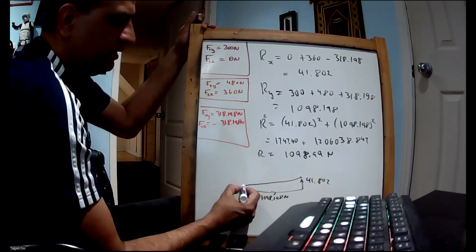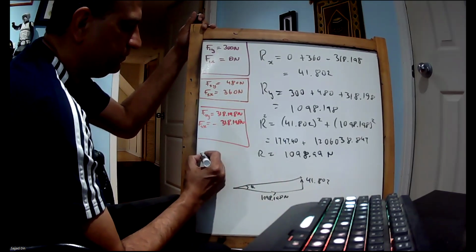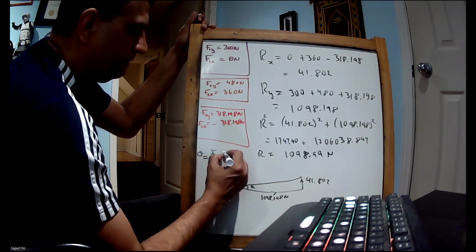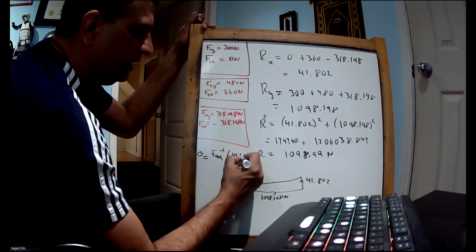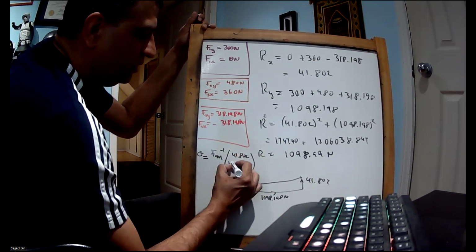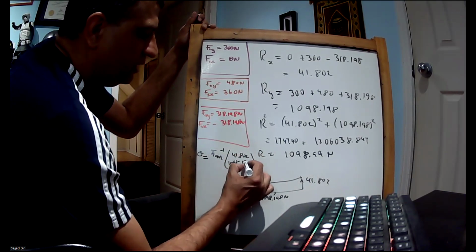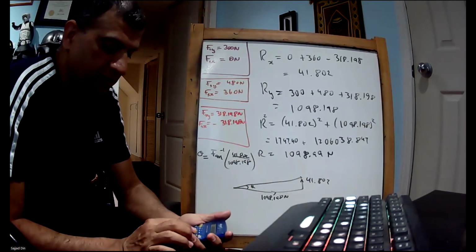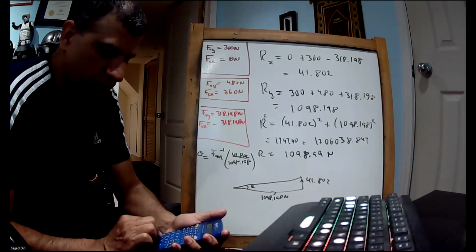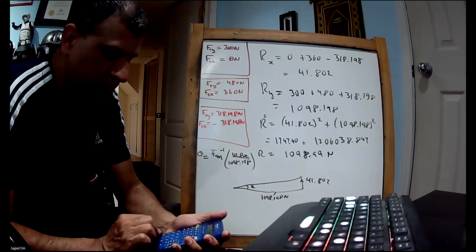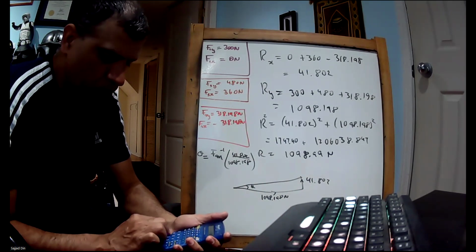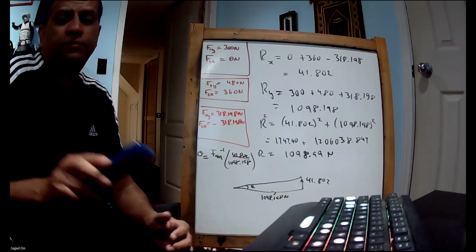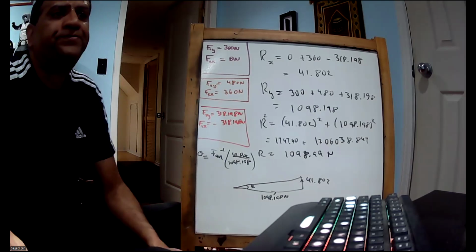Therefore, this angle theta is equal to inverse tan of 41.802 divided by 1098.198. It's 2.1 degrees.